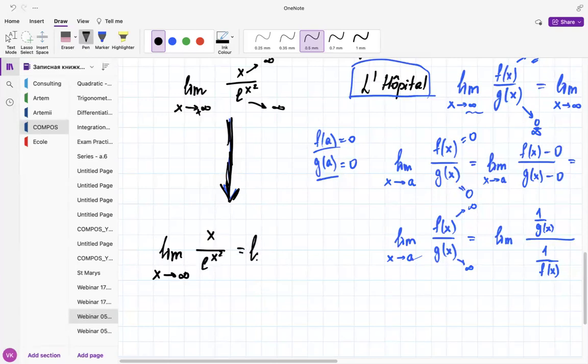Knowing L'Hopital's rule, let us differentiate both functions. What do we get? Yeah, 1 on top. On the bottom, it's 2x times e to the power of x squared.